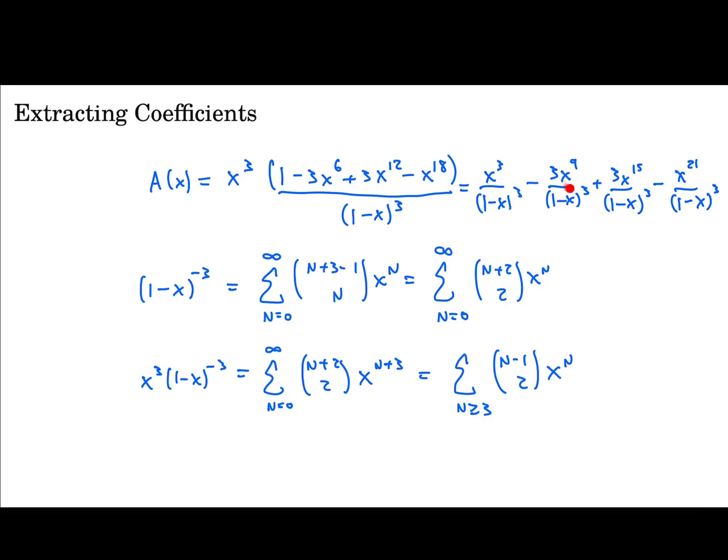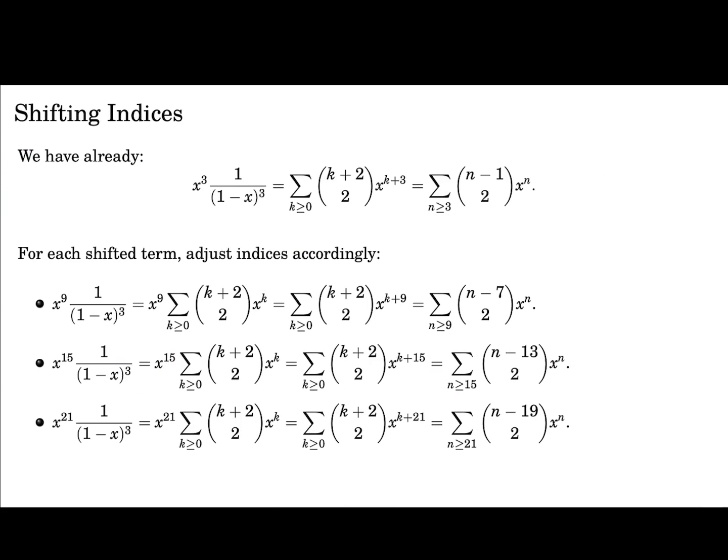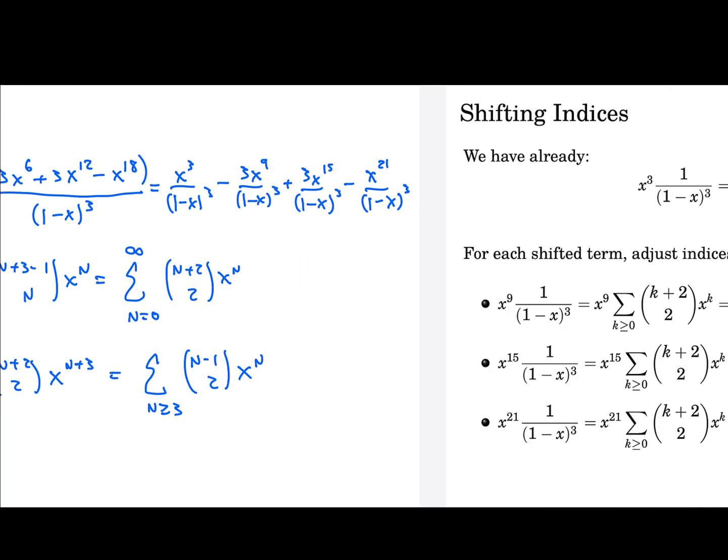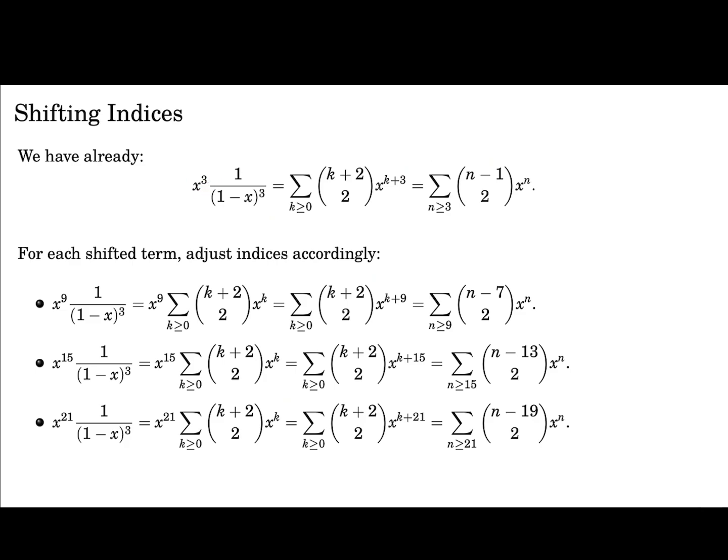Now for these ones, you do the same thing. You just need to shift these indexes, and I'm going to show you what that looks like. These are just each one of those terms that we need to find. The first one you shift by 3. Here we wrote it as k just to end with n, but essentially you can write it this way, and when you shift by 3 you subtract 3 here and you end up with this.